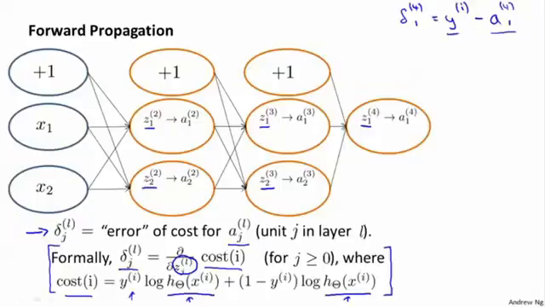So we're going to compute delta^(4)_1 like so. Next, we're going to propagate these values backwards, which I'll explain in a second, and end up computing the delta terms of the previous layer. We're going to end up with delta^(3)_1, delta^(3)_2, and then we're going to propagate this further backward and end up computing delta^(2)_1 and delta^(2)_2.